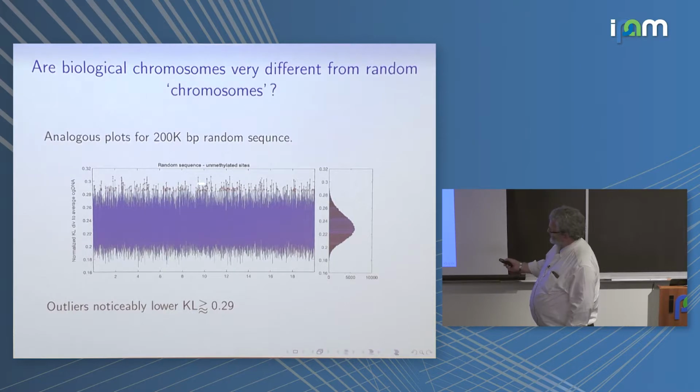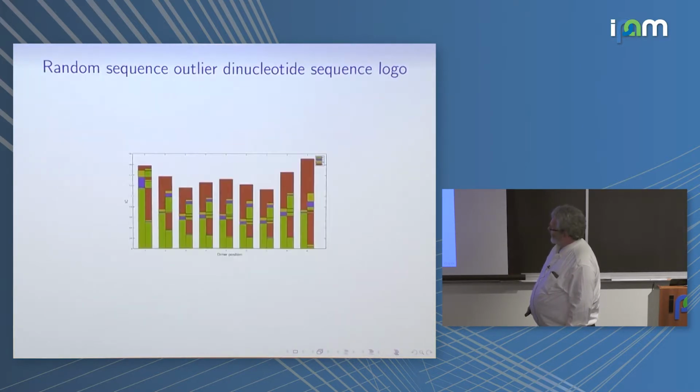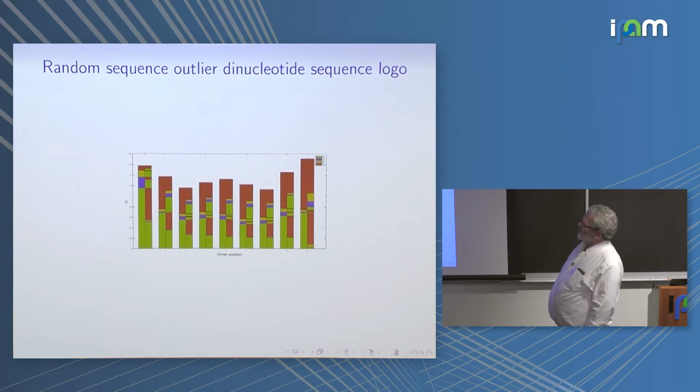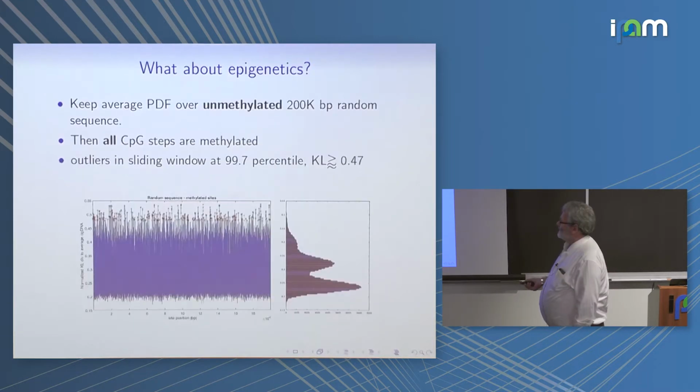And then actually there's more of them. And the sequence logo is slightly less clean. It gets polluted with some other sequences. So it seems as though the biological sequence actually has more AA steps and TT steps than you'd expect, right? Which is also nice.